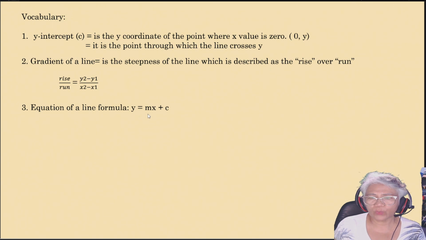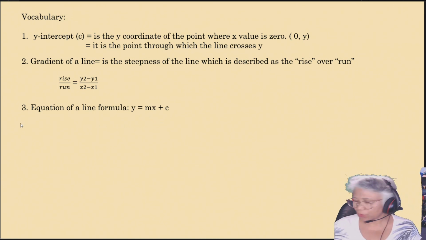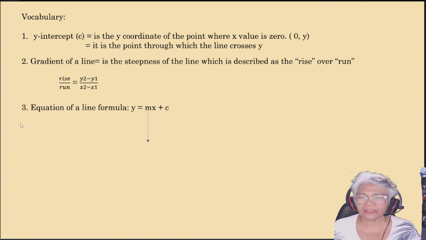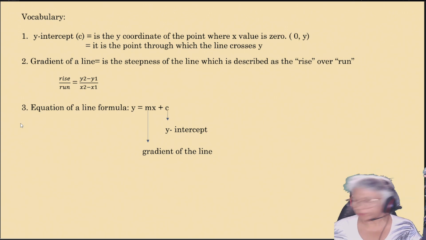It is y equals mx plus c. So you can see here that your m is equivalent to the gradient of the line, and the c is the y-intercept. Alright, so we need to remember these keywords as we go on.